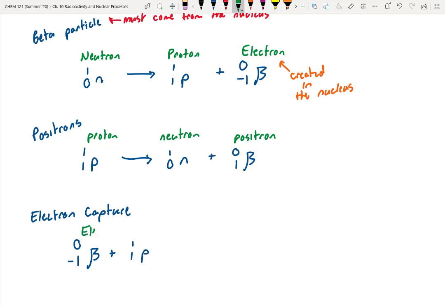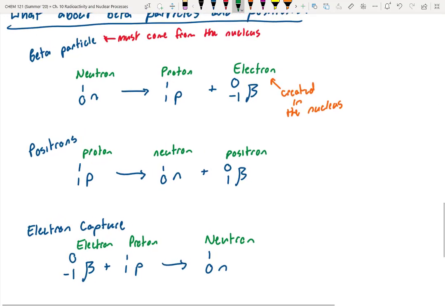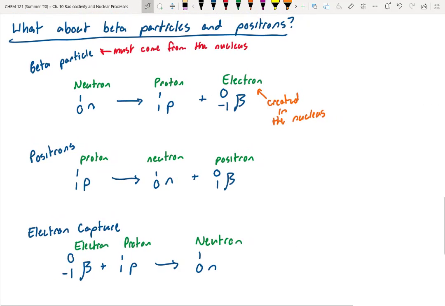So you take an electron, you slam it into a proton at incredibly high speeds, high energy, and when you do that, you can actually change a proton all the way to a neutron. This is less common than decay, but it is something that is mentioned briefly in our textbook.